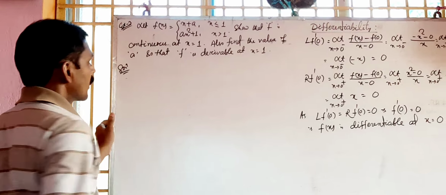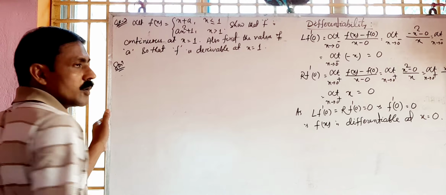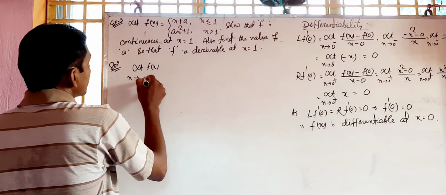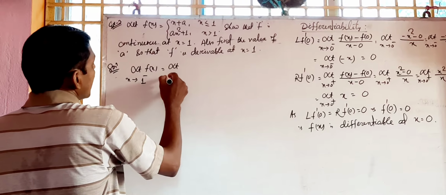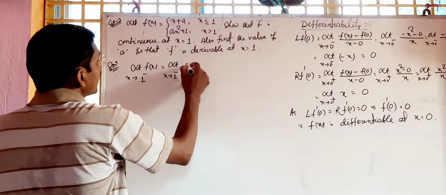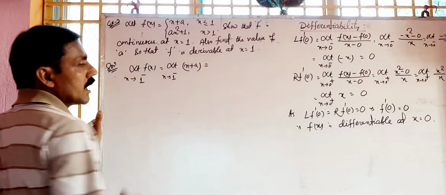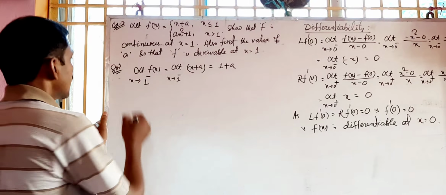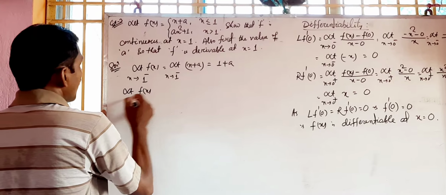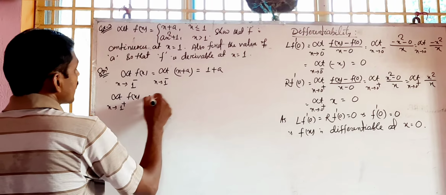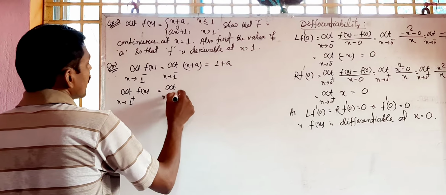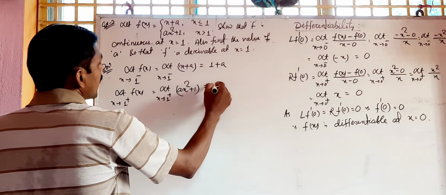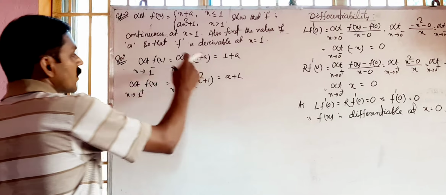To the solution. First, we will show continuity. So we will find the limit of f of x, x tends to 1 minus. For less than 1 the value is x plus a, and being an algebraic function, we can directly put x equal to 1. Then the limit of f of x, x tends to 1 plus. For 1 plus the value is ax square plus 1, so again it is a plus 1 because 1 square is 1.